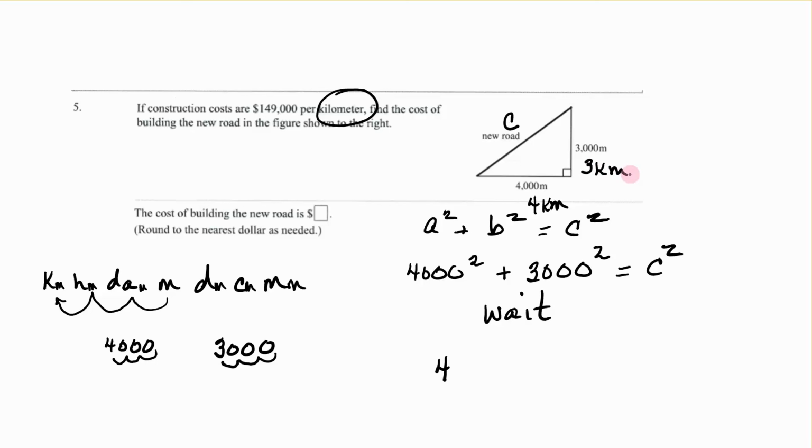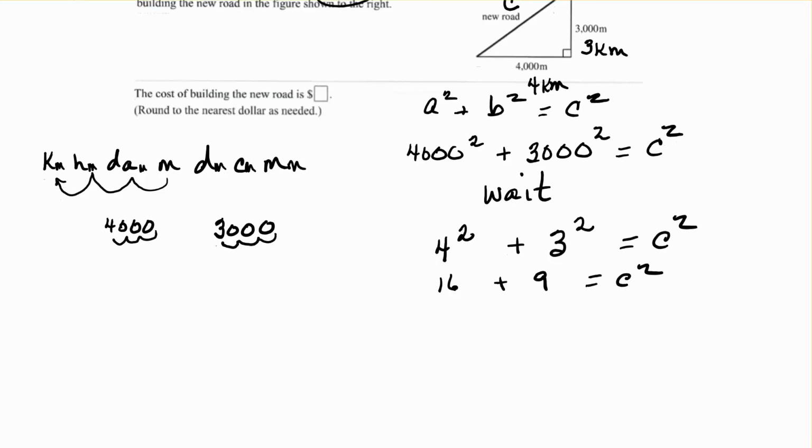So I can instead say this is 4 kilometers squared plus 3 kilometers squared is some square kilometers. This is 16 plus 9 is c squared. 25 is c squared. So C is the square root of 25. C is 5 kilometers. If I had continued this way, I would find out it was 5,000 meters, and then I would switch it.